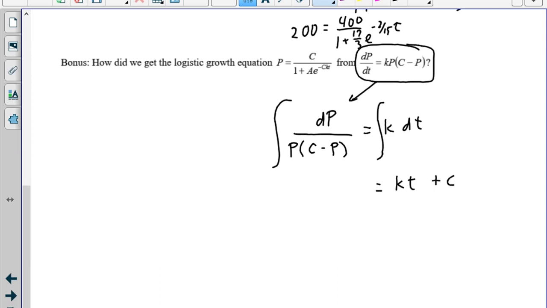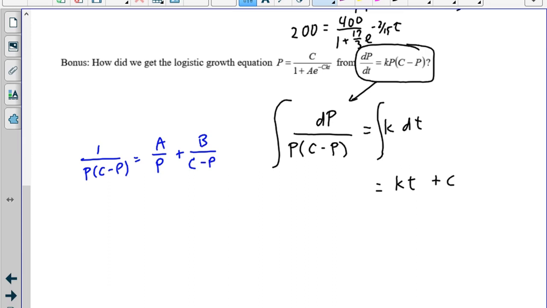The integral of the left side is a little bit more complicated. In order to integrate that, we have to use partial fractions. So if I take a look at the partial fractions, I have 1 over P times (C minus P), and that equals some constant that we're going to find, A, over P plus some other constant, B, over (C minus P).